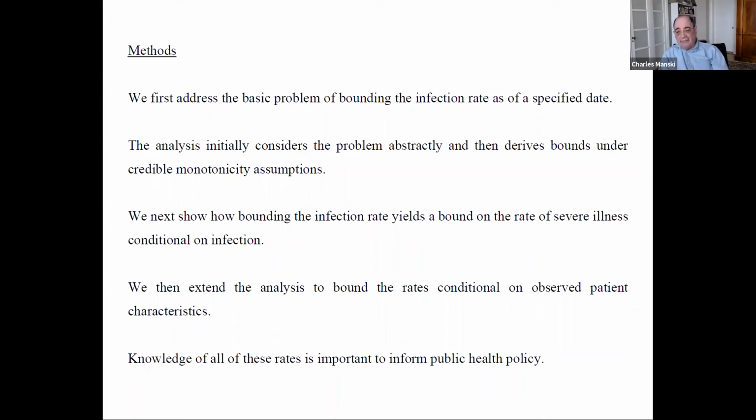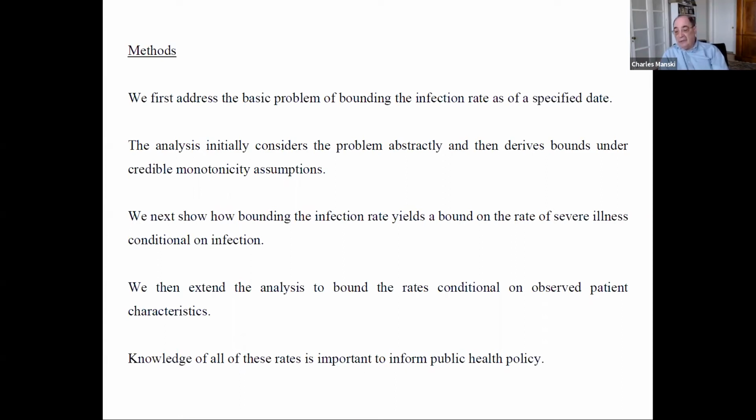Once we get the bound on the infection rate, then we use that as the denominator in trying to estimate the rates of severe illness, and we get bounds on severe illness. We're going to talk about doing that for the population as a whole, but you can condition on any attributes that you want. I'm sure everybody is aware that the rate of severe illness has been seen to be much higher for older people than for younger people.